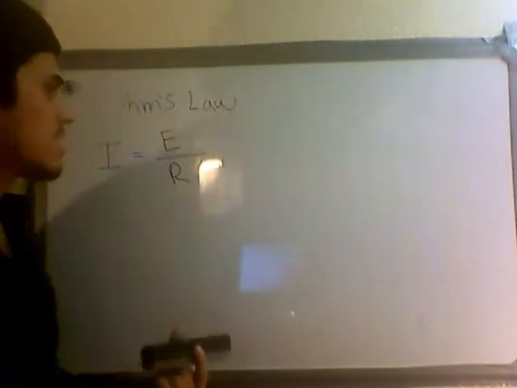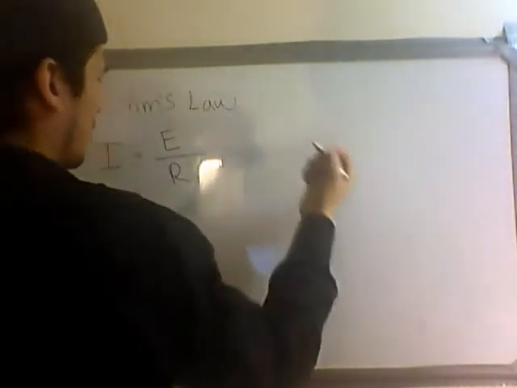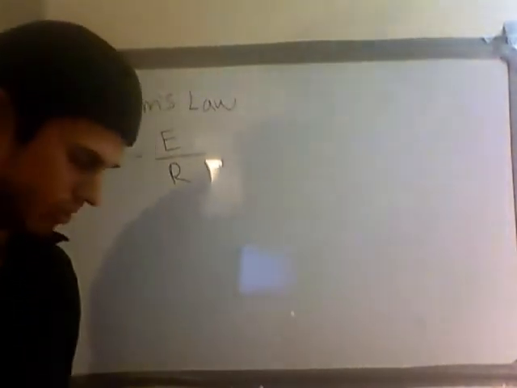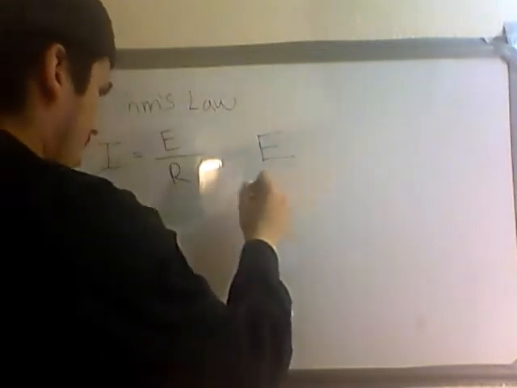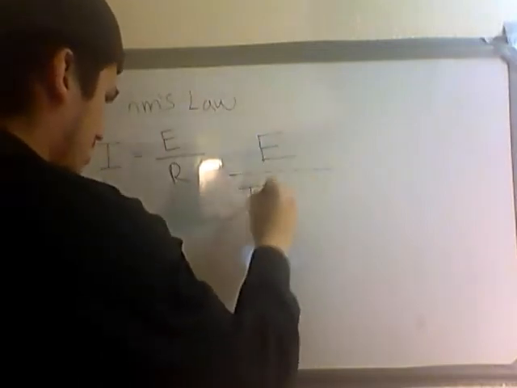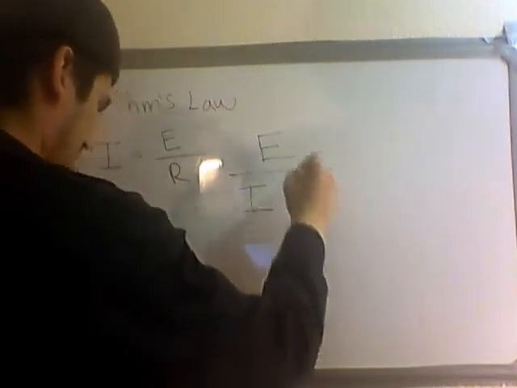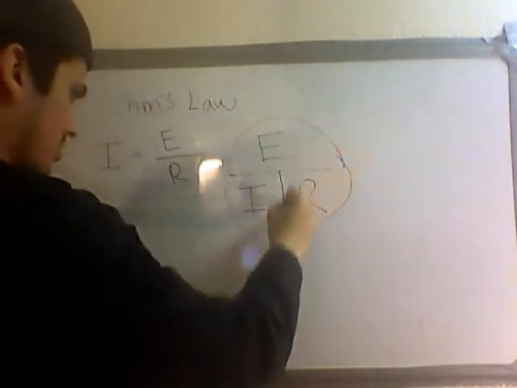And a lot of guys like the pie chart. See if I remember how to do that. If you're trying to solve for, let me look in the book because I actually don't use the pie chart too well. Pie chart says if you take E, which is voltage, and you take I down here and draw an R like that, make a circle out of it, because I guess they have some handy dandy charts that you can use.